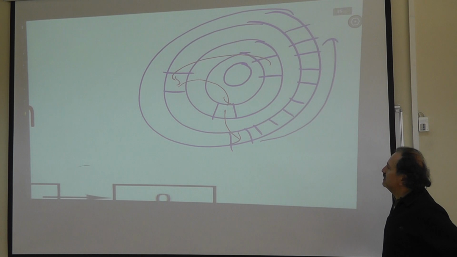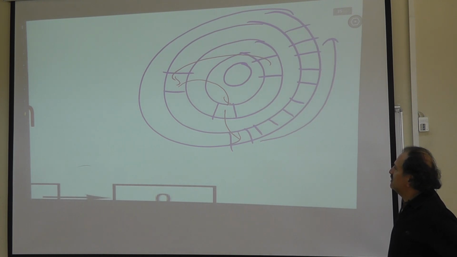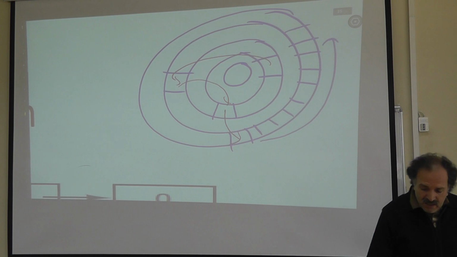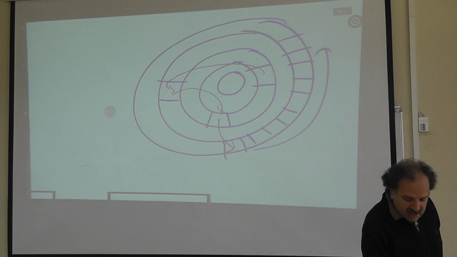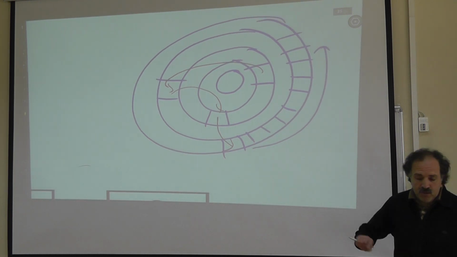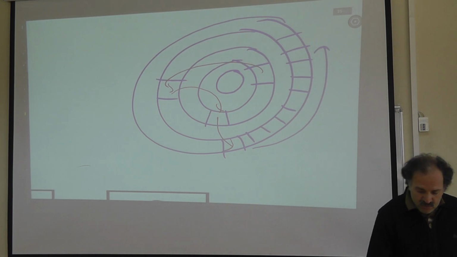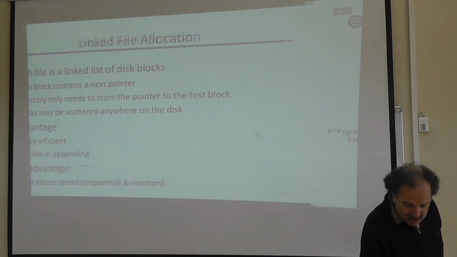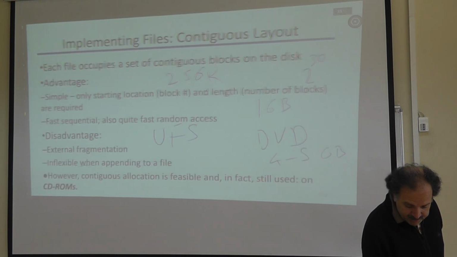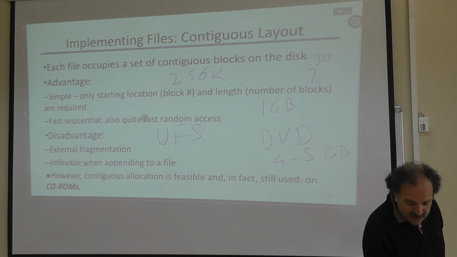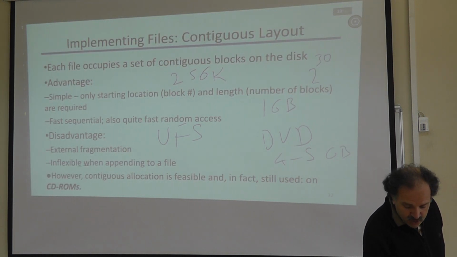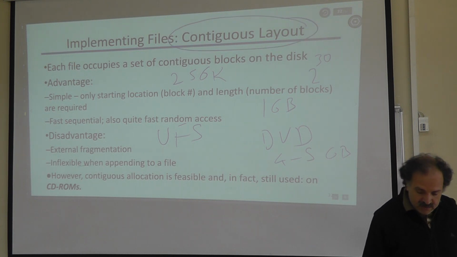So contiguous allocation is very fast in terms of accessing the sequential file data or the random access file data, because I can read the whole track in a very, very short amount of time compared to the disk head movement. So sequential and fast random access is the advantage of this contiguous layout.